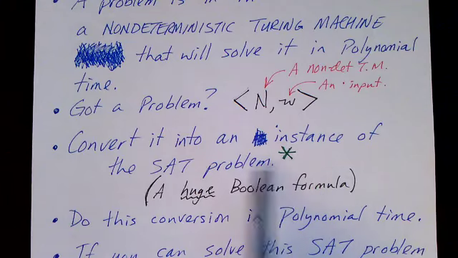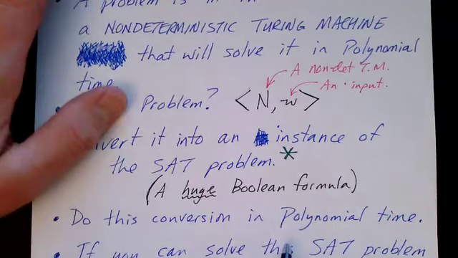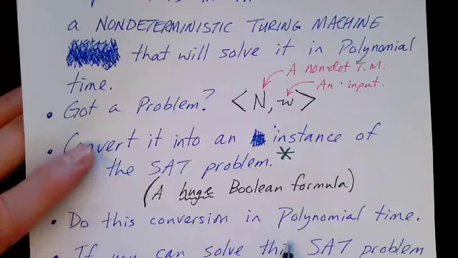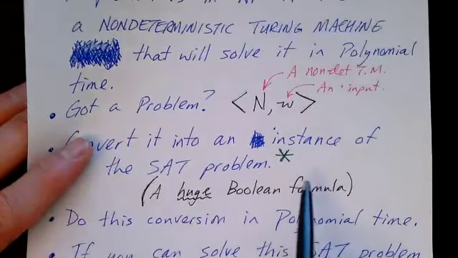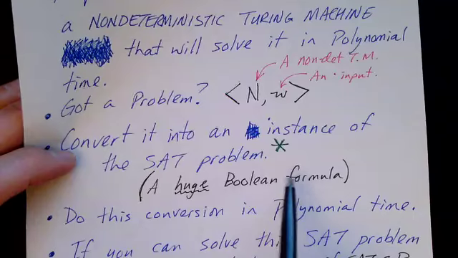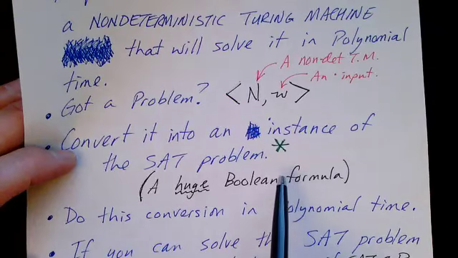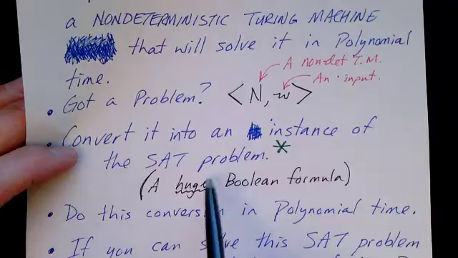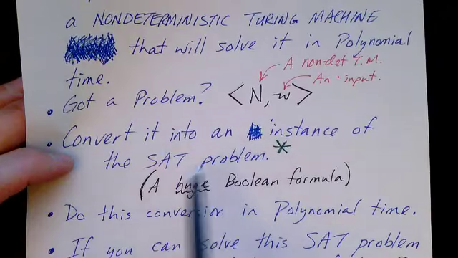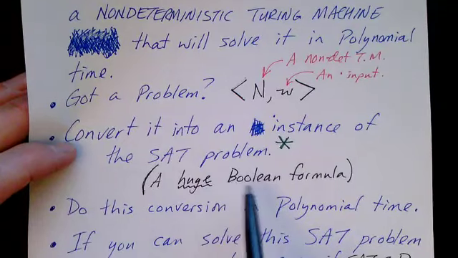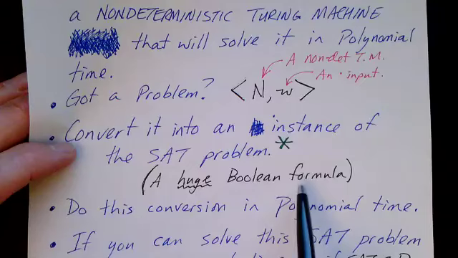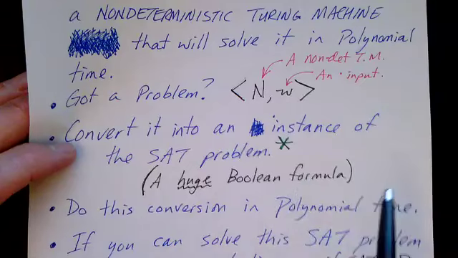The satisfiability problem, remember, is a Boolean formula, and we're looking for an assignment of true and false to the variables in that formula that make the entire formula true. So we will convert it into an instance of the satisfiability problem. It'll be a huge Boolean formula, but it'll still be polynomial in length.